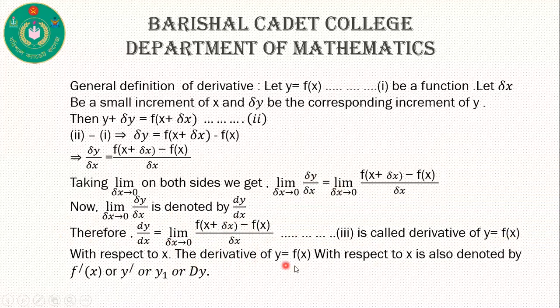The derivative of y equal to f of x with respect to x is also denoted by f dash x, or y prime, or y1, or dy by dx. All these terms are equal.